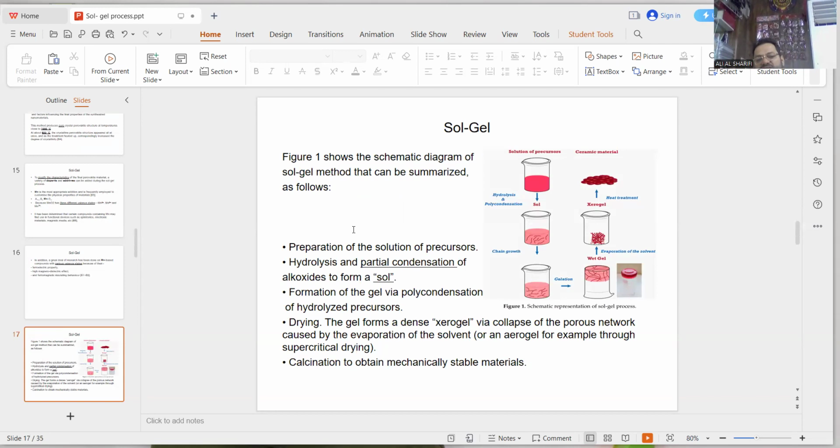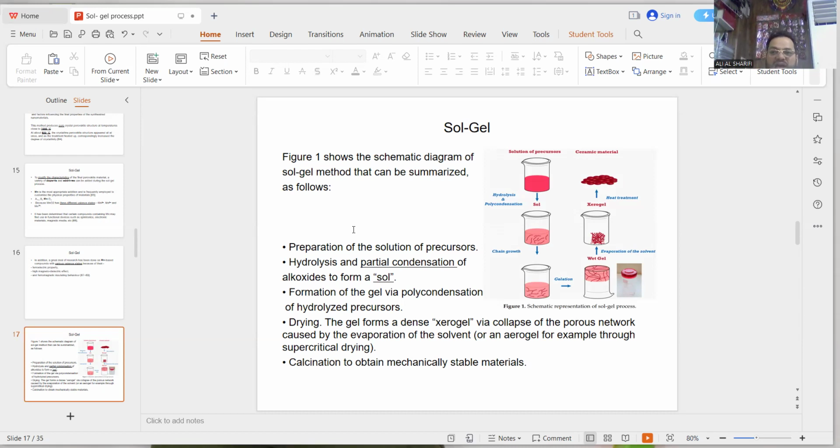Here I take this picture and this information from another article. Figure 1 shows the diagram of the sol gel. Like I said before, and like the last picture about the sol gel steps illustrates, we have different kinds of drying.